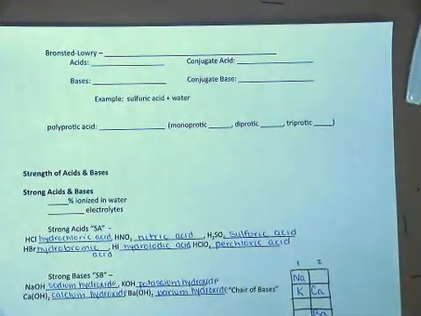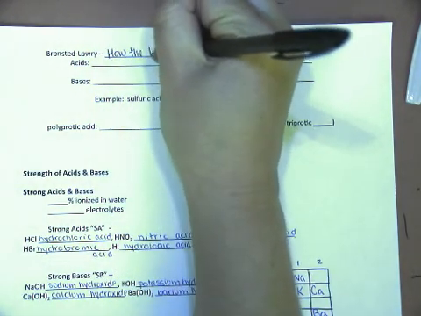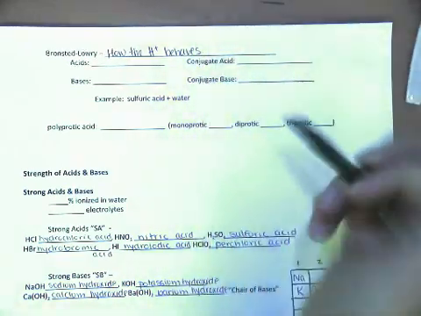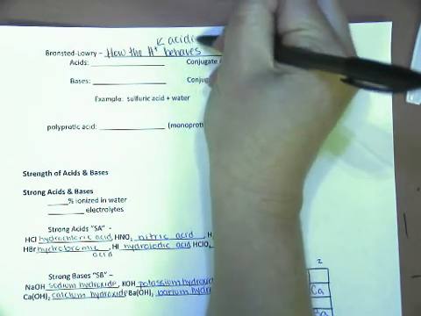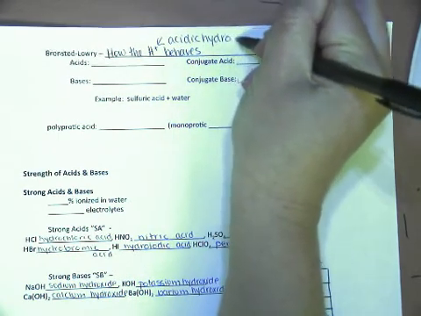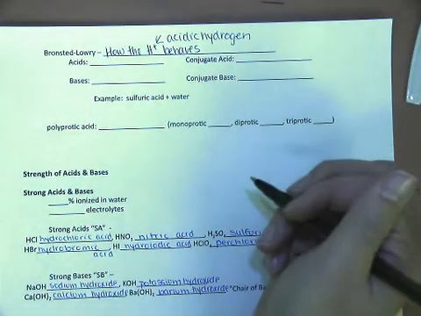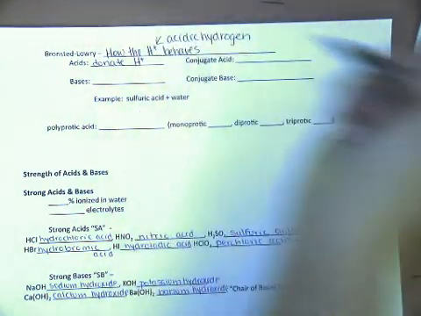Another type of acids and bases are the Bronsted-Lowry acids and bases. Bronsted-Lowry acids and bases are based upon how the hydrogen acts. Depending upon who has the acidic hydrogen, where that is and who has it determines who is the acid or the base. Acids are going to donate the hydrogen ion.